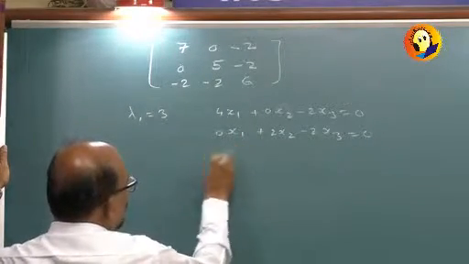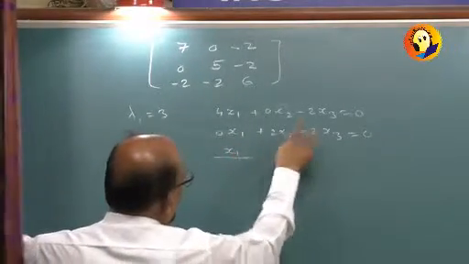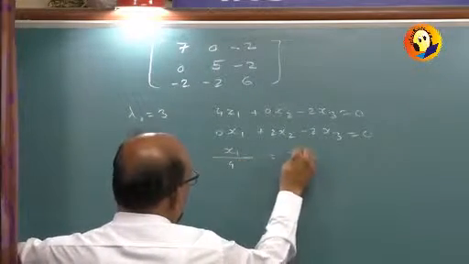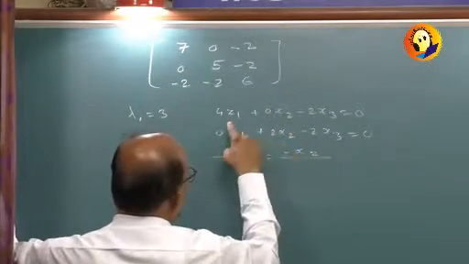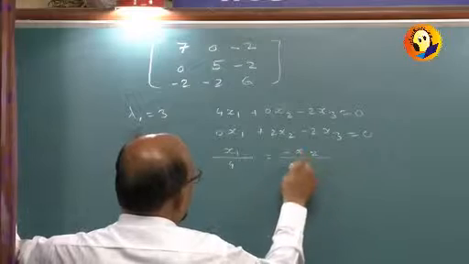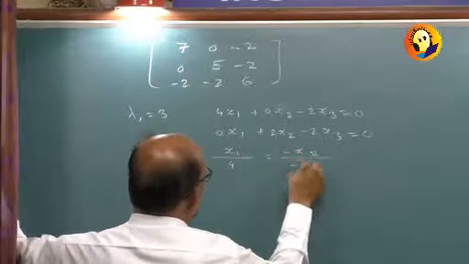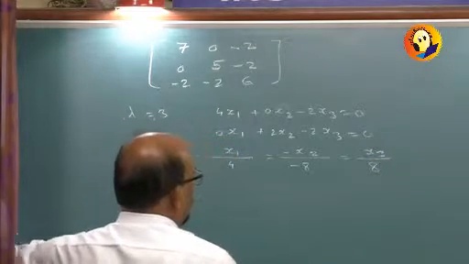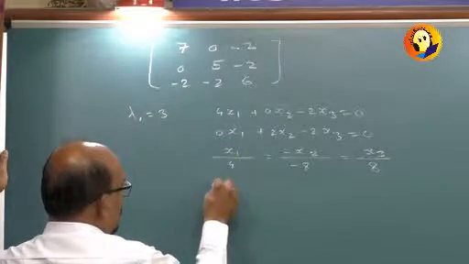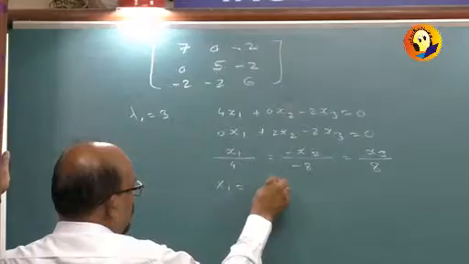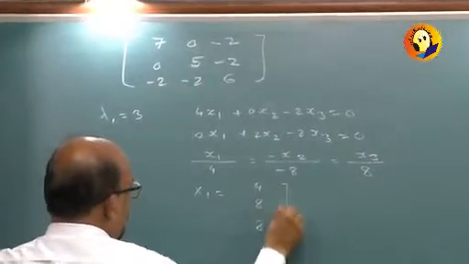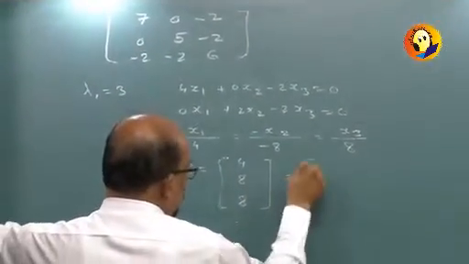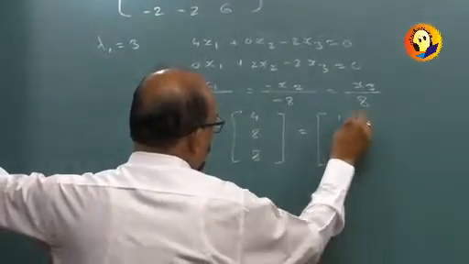So it is x1 upon 4 equal to minus x2 upon minus 8 equal to x3 upon 8. And so capital X1 comes out to be 4 8 8, which is as good as 1, 2, 2.